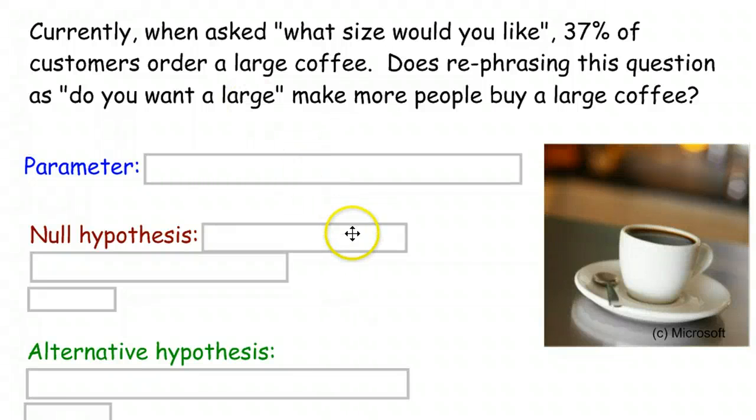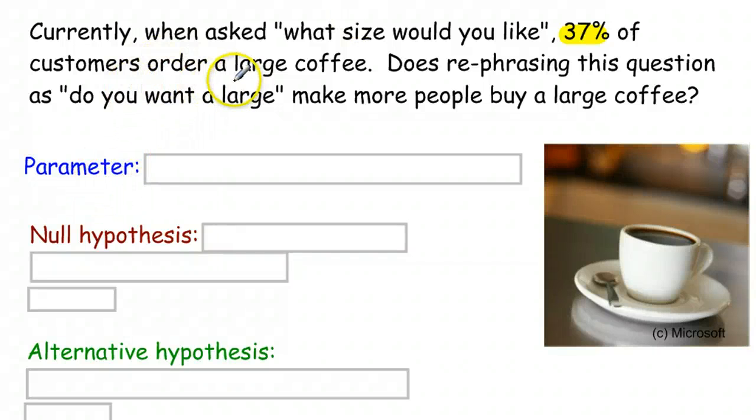The assumption, the thing that you're probably trying to prove if you came up with this idea, is that it would work. It would in fact make people buy a large coffee more than the default 37% of the time. So let's start out with our parameter and figure out what it is that we're actually trying to find.